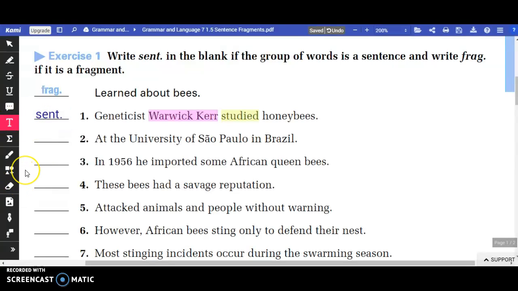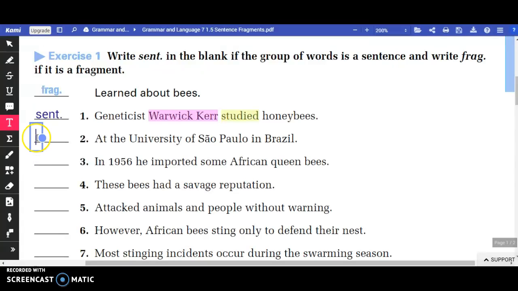Number 2, at the University of Sao Paulo in Brazil. This sentence or sentence fragment seems to be lacking a few important things. I can't tell who or what the sentence is about, and I definitely can't tell what that person did or how that person is being.